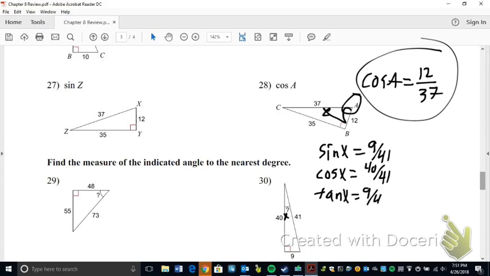Now, when we look at this, we use what are called the inverse operations: inverse sine, inverse cosine, inverse tangent. Depending on your calculator, instead of sine to the negative 1, which is how it shows up on the graphing calculators in class, it'll say a sine, and that means arc sine.